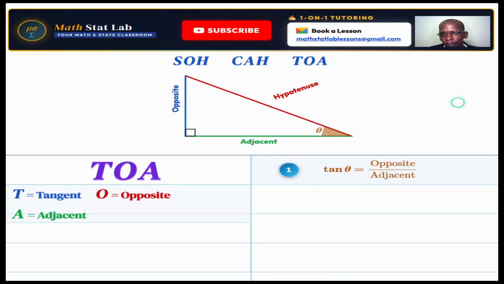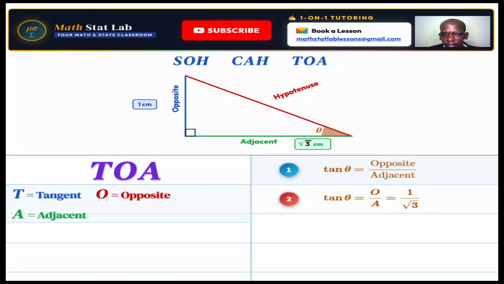So now, assuming we are given the opposite as 1 centimeter and the adjacent as √3 centimeters, tan theta becomes O divided by A, which is 1 divided by √3.